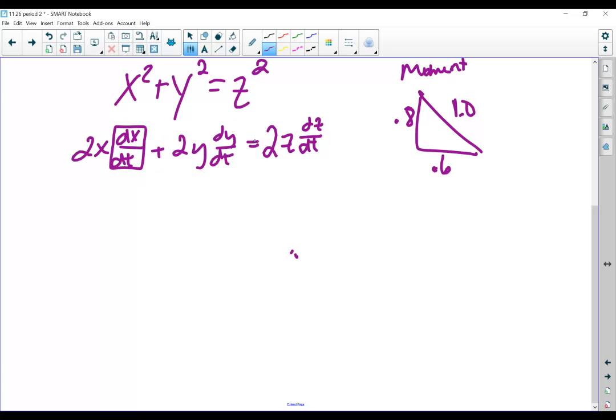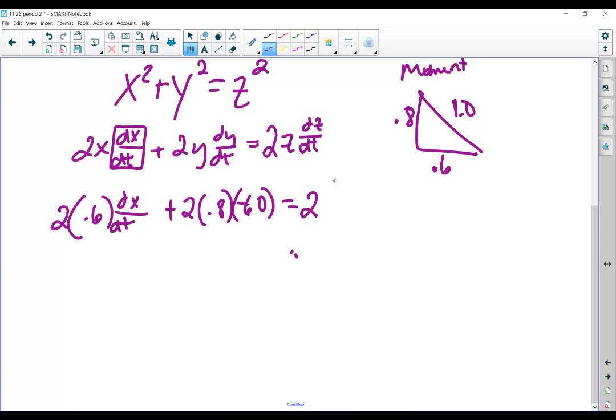I know everything else, and I have x, y, and z based off my moment picture. So 2 times 0.6 dx dt plus 2 times 0.8 times negative 60, because remember that distance was decreasing, equals 2 times 1 times 15.